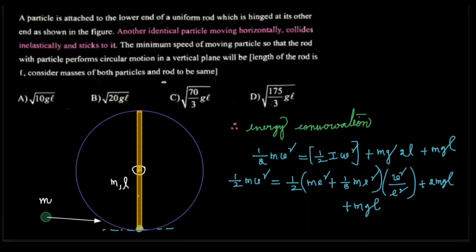Check it. So I can be written as ml square. You could say omega square, v is equal to r omega, and this can be written with l as the radius, so therefore omega is equal to v square by l square. One second, any other calculations or mistake here?